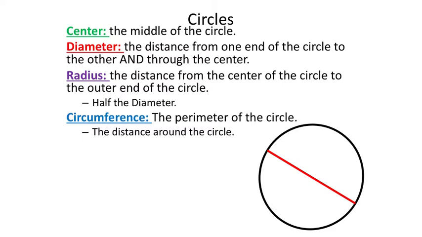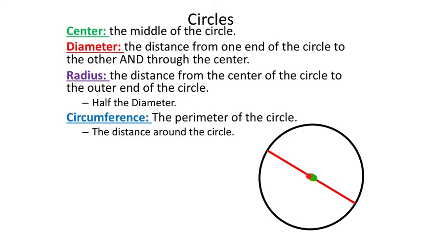So, in circles, we have some vocabulary that we have to be familiar with. The center is just the middle of the circle. In other words, it's the same distance from every edge of the circle. I don't know if that's exactly the center, but we can kind of say that it is. Meaning this point right here is the same distance to any part of the outer edge. So this one is the same distance as it is from this one, okay?